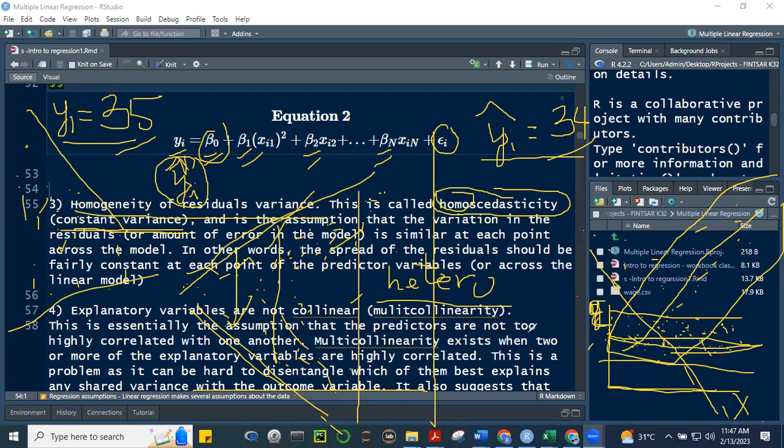We have to check our model if the assumptions of the classical linear regression model are satisfied. Otherwise, we will have to address them. If the assumptions are not satisfied, then our model is not reliable. It's not good to predict values of the dependent variable using that model. All right, let me clear our drawings.